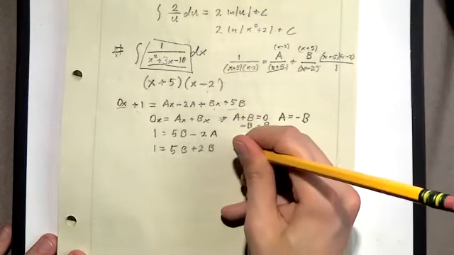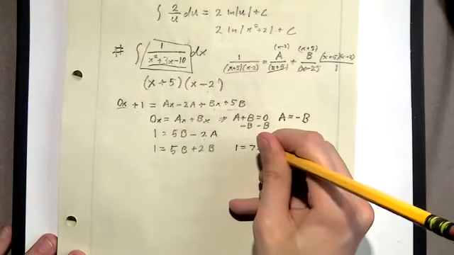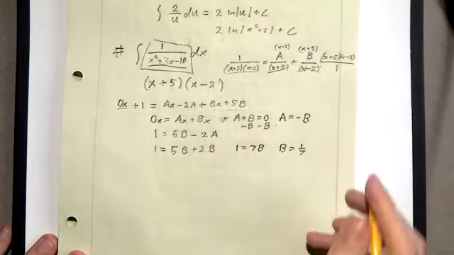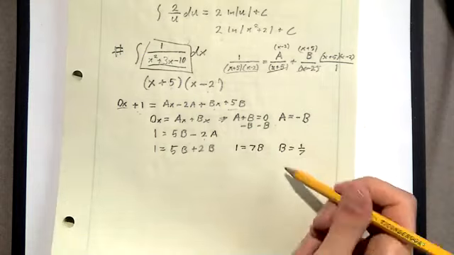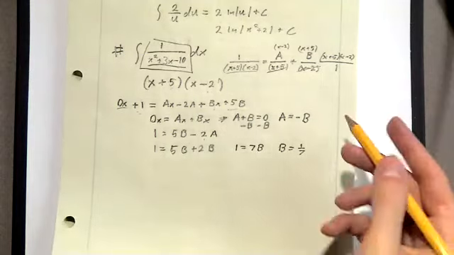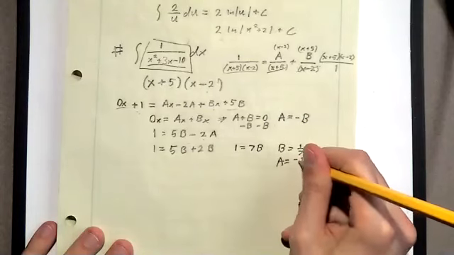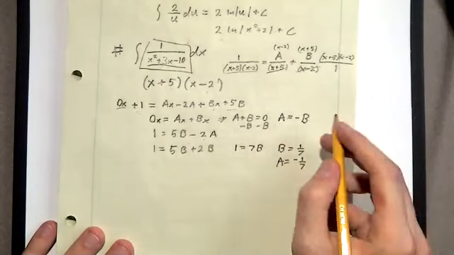So we get 1 equals 7b, and b is equal to 1/7. And now since we know b is equal to 1/7, we also know a is equal to negative 1/7 due to this relationship up here.